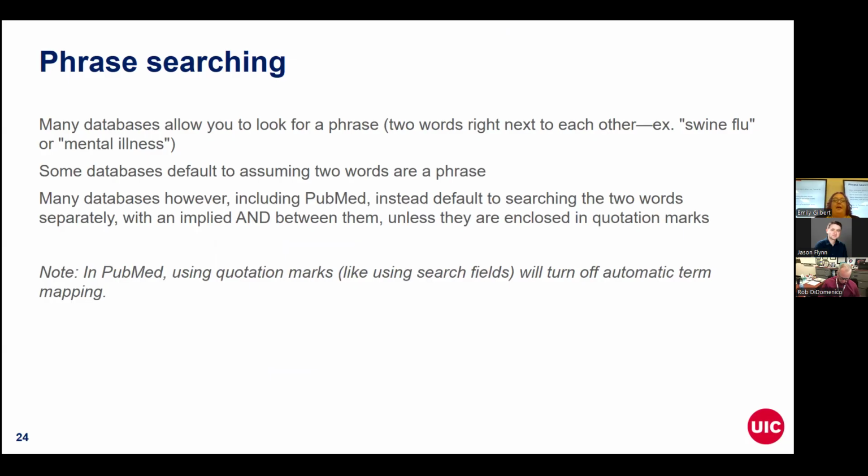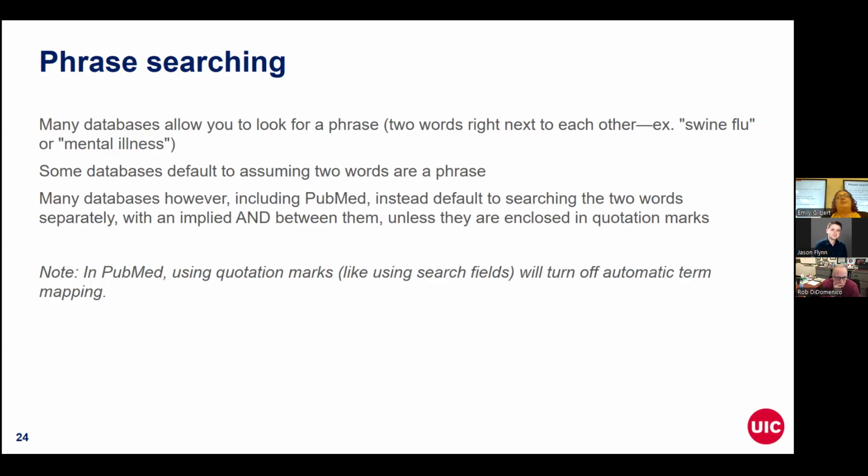So if you put them in quotation marks, it will search for those words with each other as a distinct phrase. Some databases default to assuming that two words are a phrase, but many others, including PubMed, would search two words separately unless you specifically put them in quotation marks.